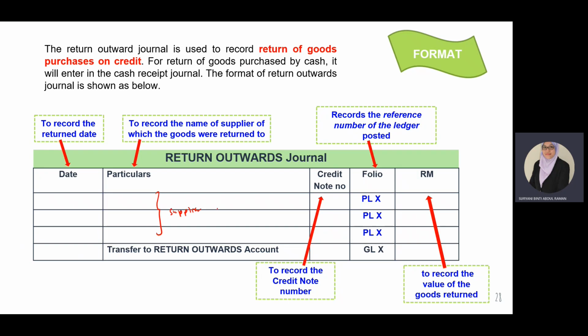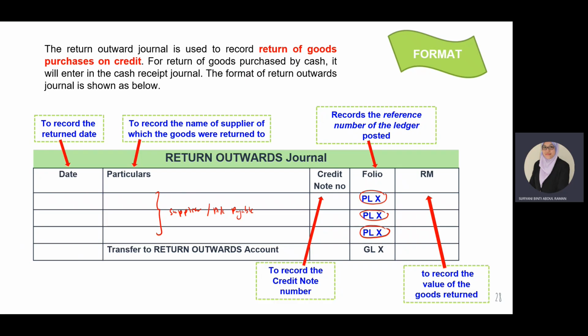Who is our supplier? Accounts payable. Remember, we opened the account previously when we did the purchase journal. Therefore, you can reuse the same code if the name of the supplier is already recorded.